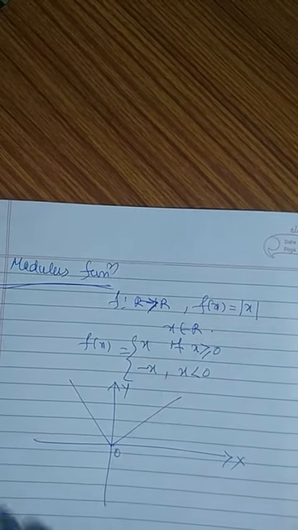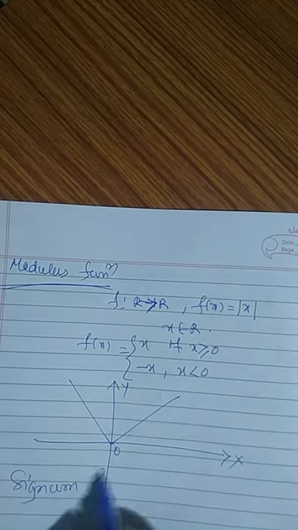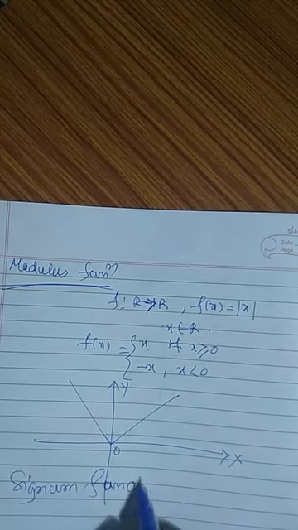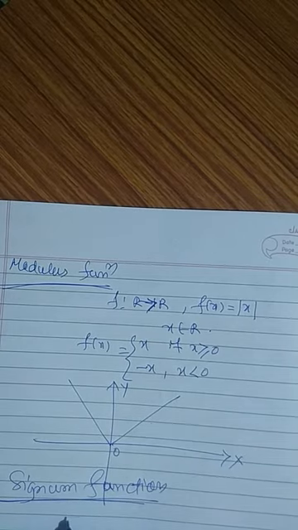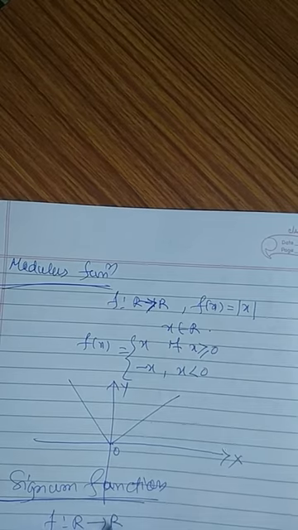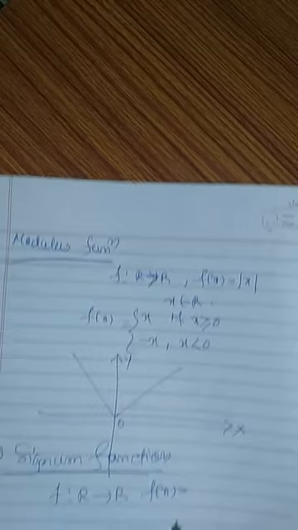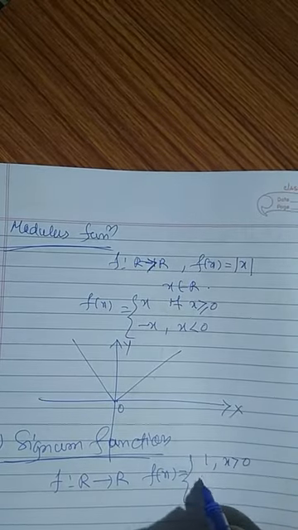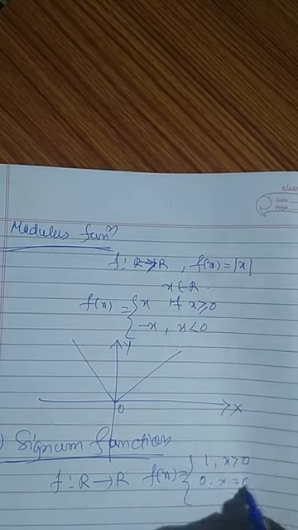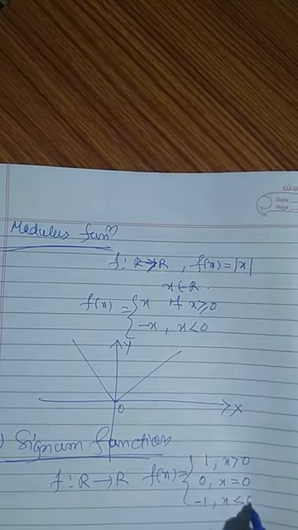Now what is the signum function? It is also a real valued function, that is, from R to R, where f of x is equal to 1 if x is greater than 0, 0 if x is equal to 0, and minus 1 if x is less than 0.